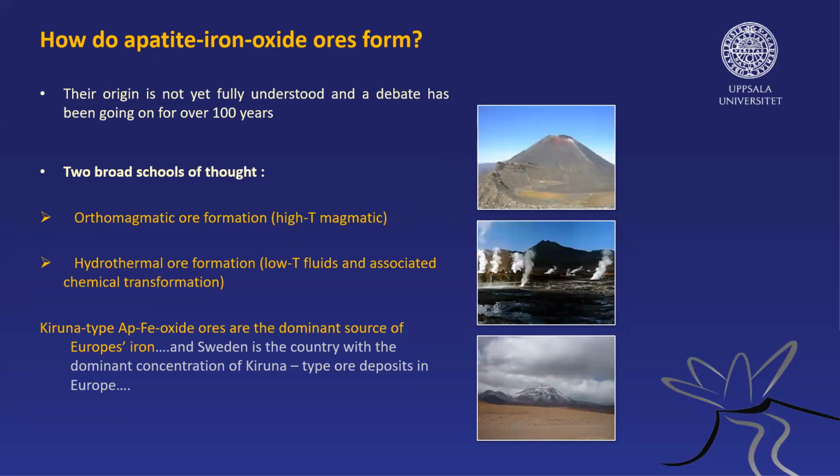Finally, how they form. The origin is not fully understood. It's an ongoing debate. Two main lines of thought. Orthomagmatic formation, that means high temperature associated with magmatic activity, or hydrothermal ore formation, low temperature.